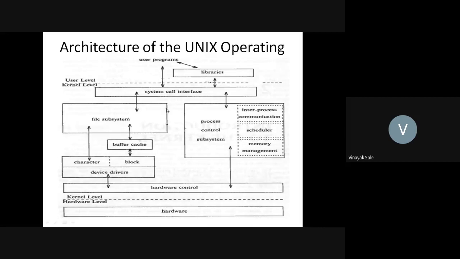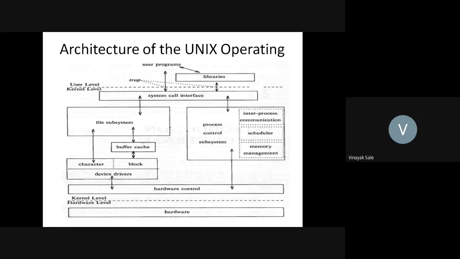System calls sometimes communicate directly, sometimes they require user defined libraries, and this communication, directly or through library functions, is known as a trap.